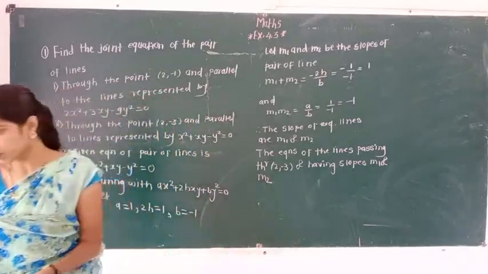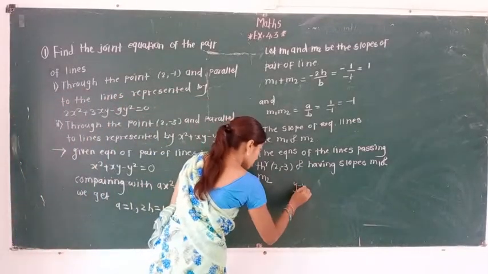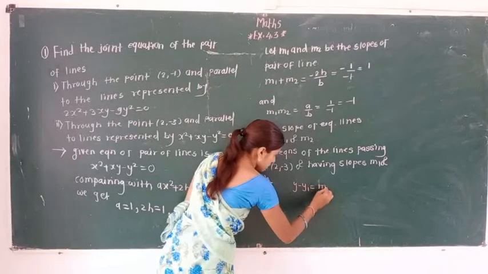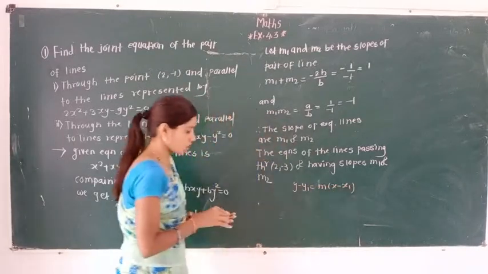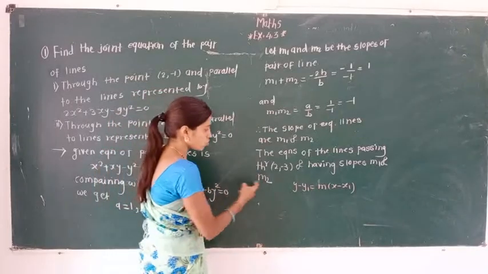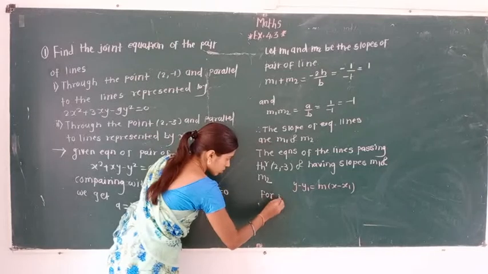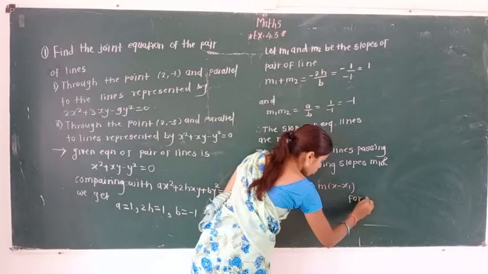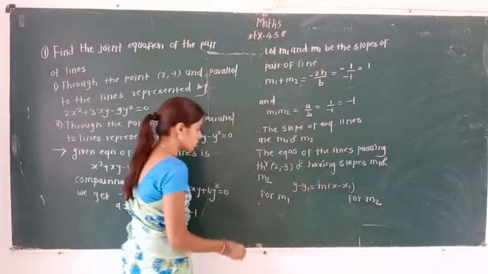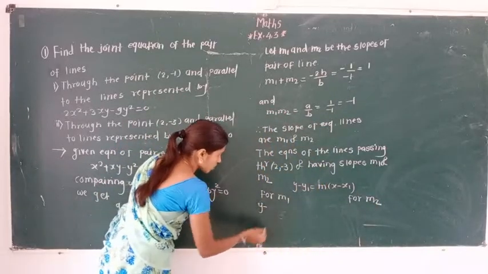The slope point form is y minus y1 is equal to m in bracket x minus x1. First find the equation of the line for slope m1.